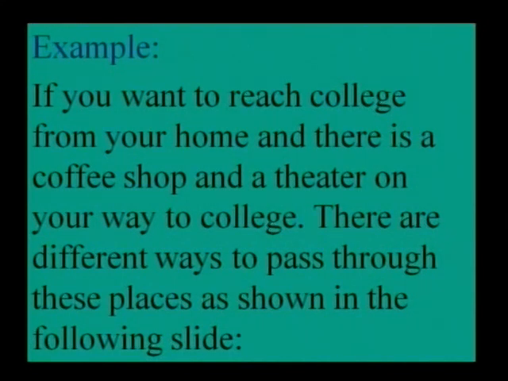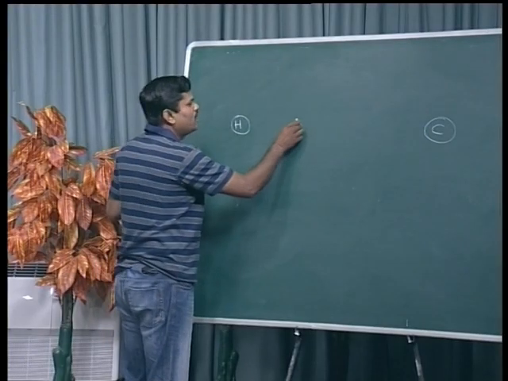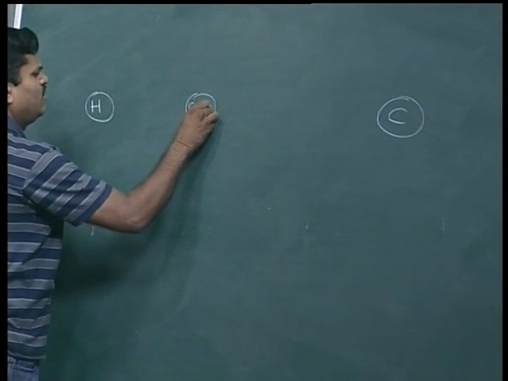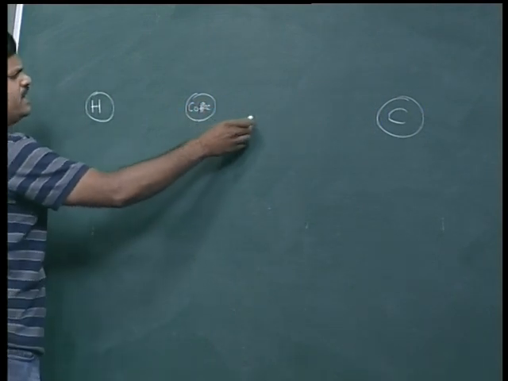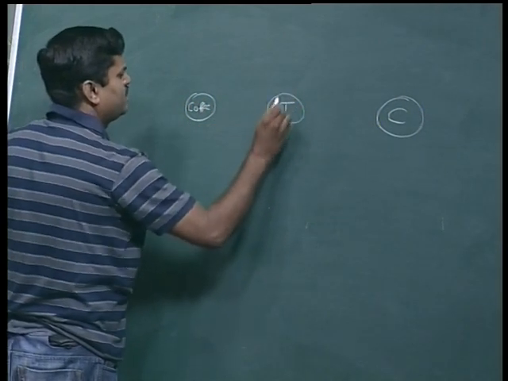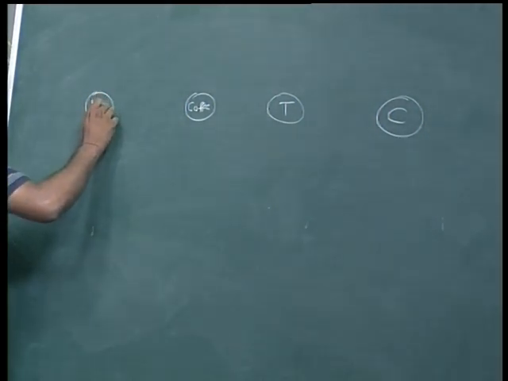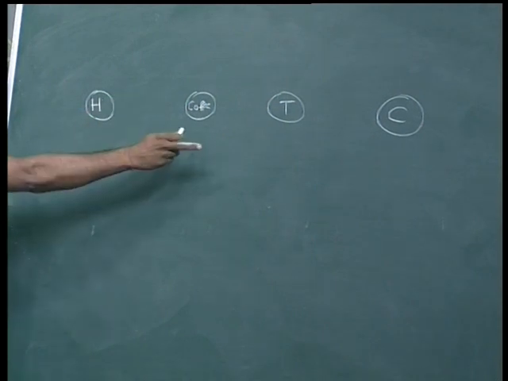So let us see here on the board. Okay, there is a coffee shop here, coffee shop, and this is a theater, and there are different ways. Okay, our main aim is to reach from home to college.